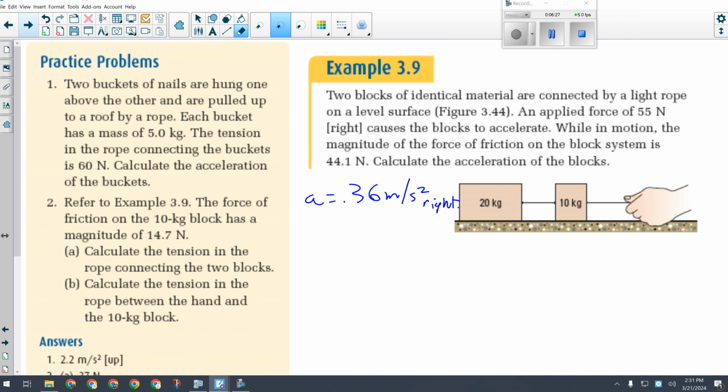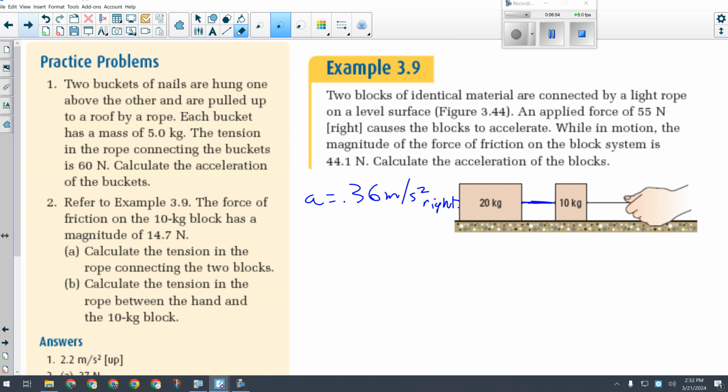So now, what they're telling you that is different is that the force of friction on the 10 kilogram block, so the front block, is 14.7 newtons. Calculate the tension in this rope, the one that's connecting the two blocks. That's the next thing that they want you to do.